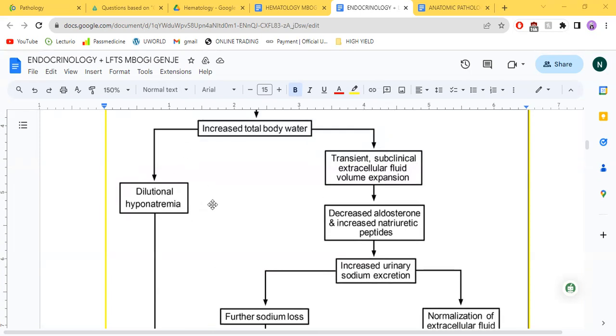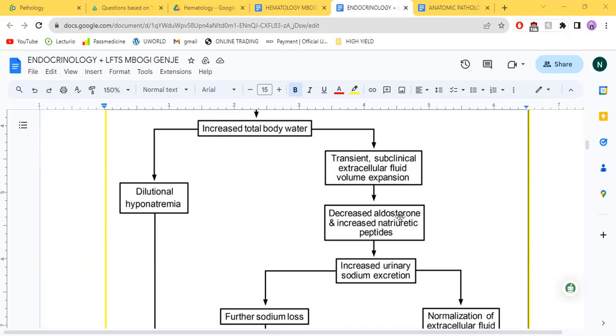So this is the pathway that I've explained. Then this other one I can explain. So imagine when you increase volume expansion, when you increase the amount of water, what happens? You're increasing the blood volume, isn't it? So when you increase the blood volume, what are you increasing? More volume, more pressure. And when you have more pressure, what happens? Natriuretic peptides.